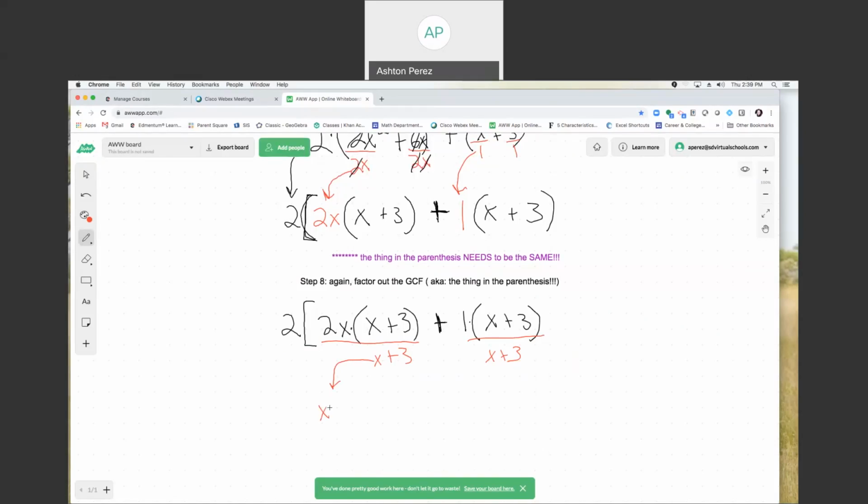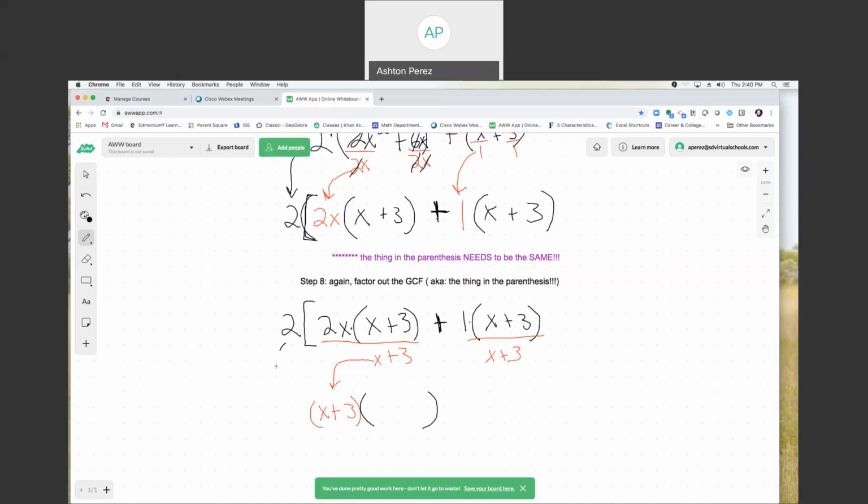It goes on the outside of the parentheses. Now, since we're factoring out 2 pieces like this, we are going to put parentheses around it. Okay. So we're going to factor out the x plus 3, and it does not magically disappear. It drops down, and it goes on the outside of the parentheses of what's left over.